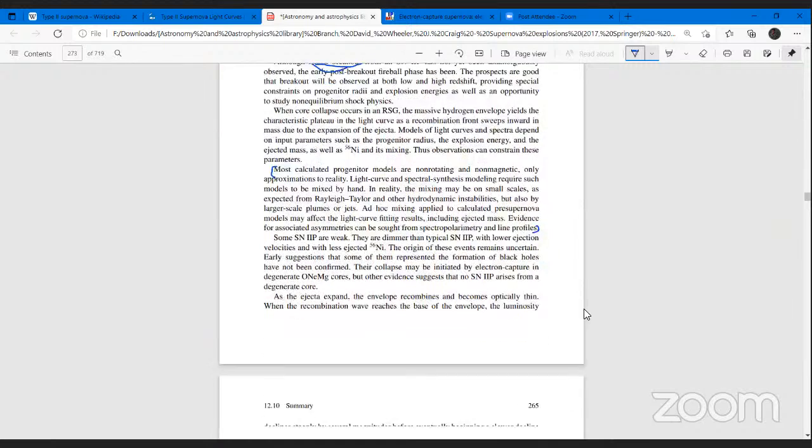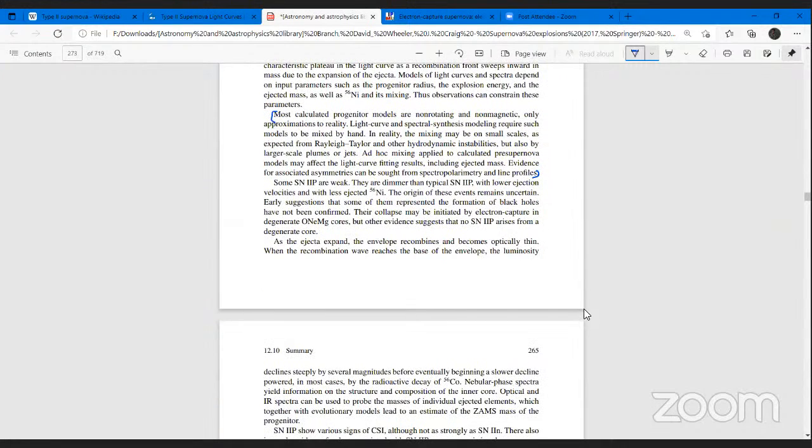As the ejecta expand, the envelope recombines and becomes optically thin. So in this, the ionized phase is changing to normal hydrogen, I guess. When the recombination wave reaches the base of the envelope, the luminosity declines steeply by several magnitudes before eventually beginning a slower decline, followed in most cases by the radioactive decay of cobalt.